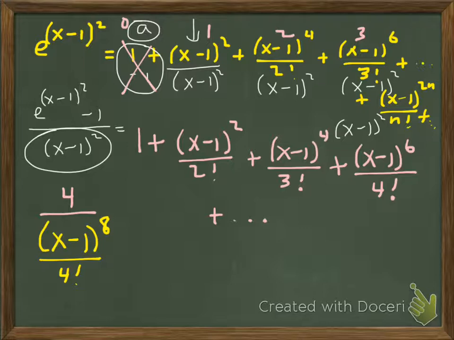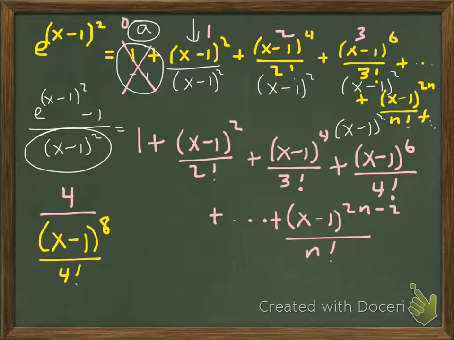And our nth term we divided by x minus 1 squared, so we have plus x minus 1 to the 2n minus 2, over n factorial. Okay, and so how does that work out?